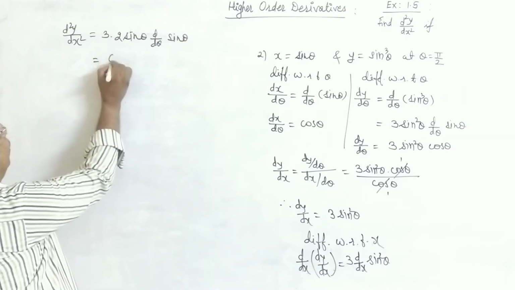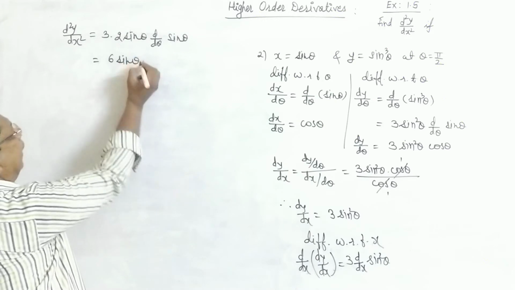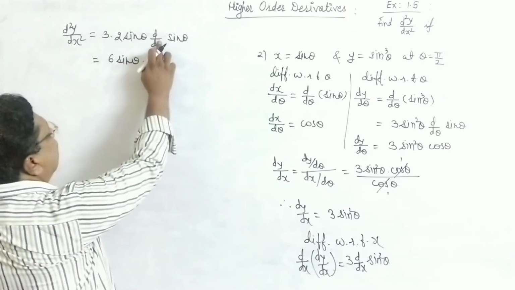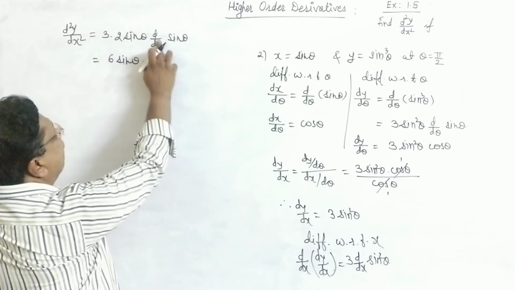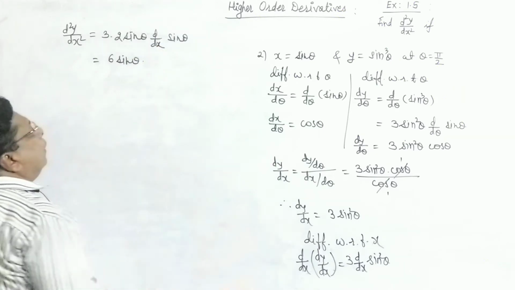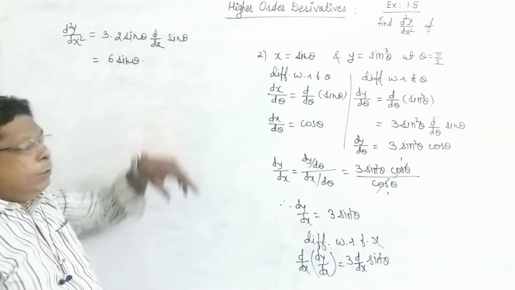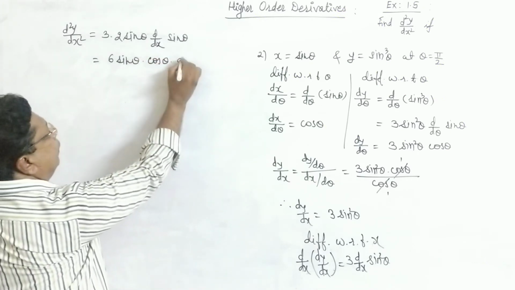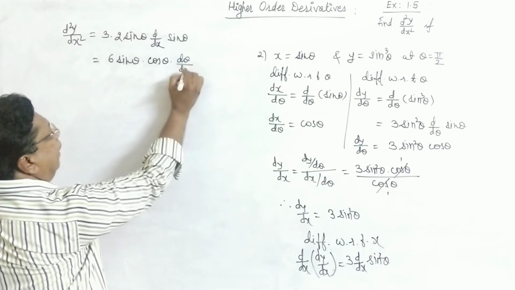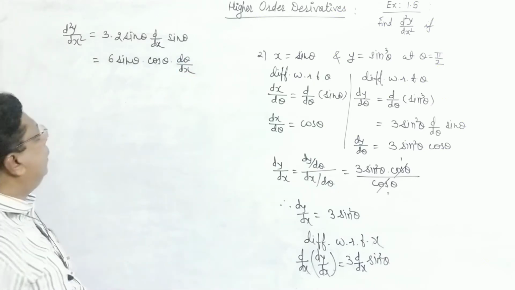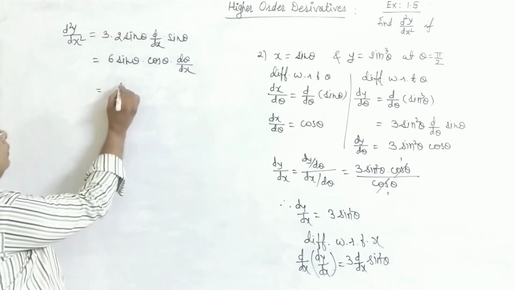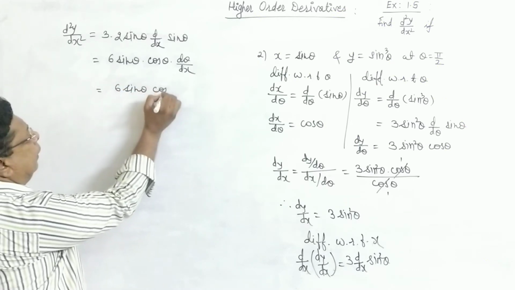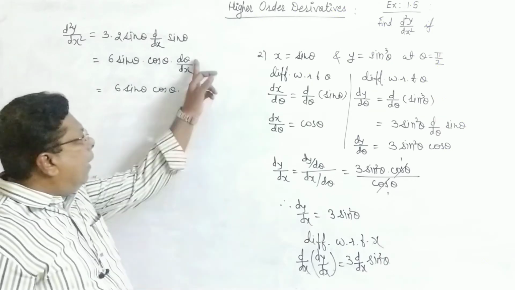3 into 2 is 6 sin theta. Here it is d by dx, not d by d theta. The derivative of sin theta is cos theta into the derivative of theta with respect to x, which is d theta by dx. So this can be written as 6 sin theta into cos theta into d theta upon dx.